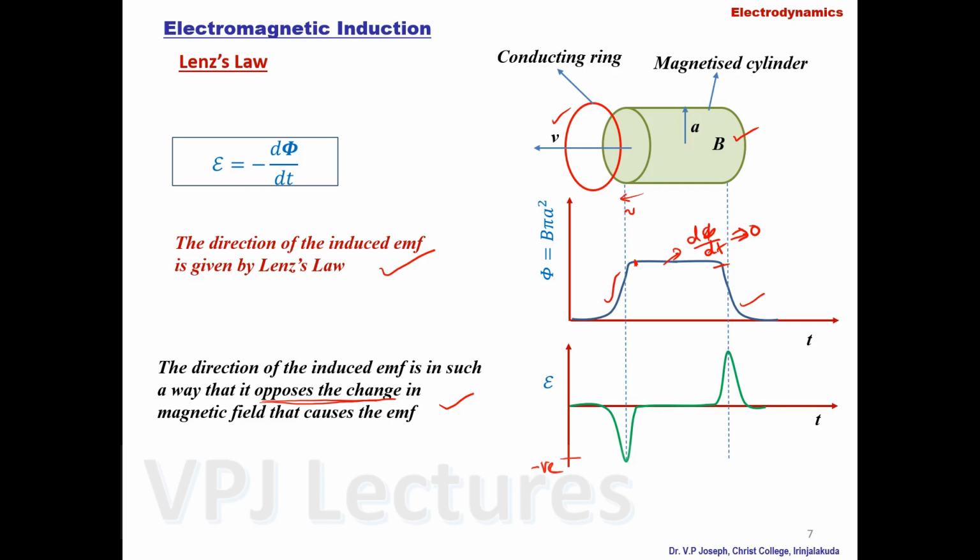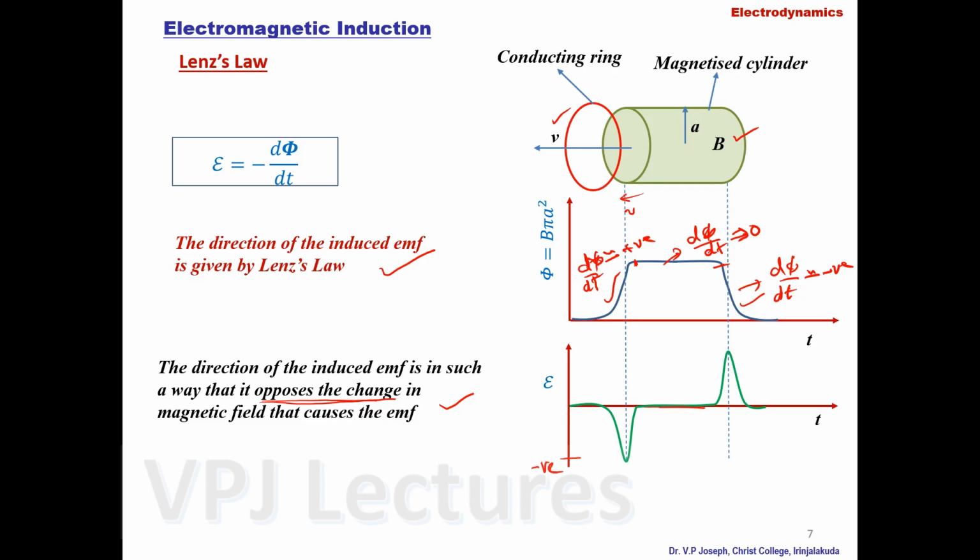Here d phi by dt is positive, and here d phi by dt is negative. So here, almost constant means d phi by dt is 0, so the induced EMF is equal to 0.